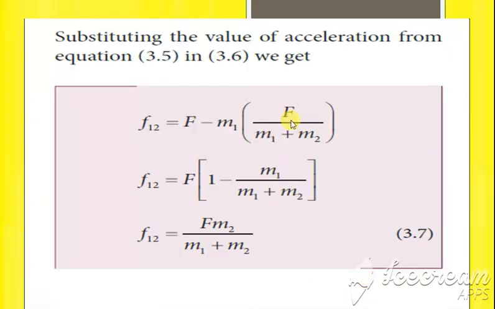So F divided by m1 plus m2. Now the next step is to take F common outside. So F I am taking outside, so we get 1 minus m1 divided by m1 plus m2. Now take the LCM here, so we are multiplying this term here.